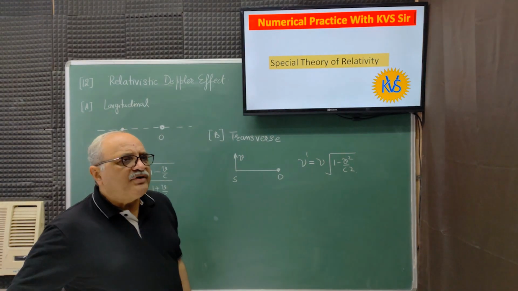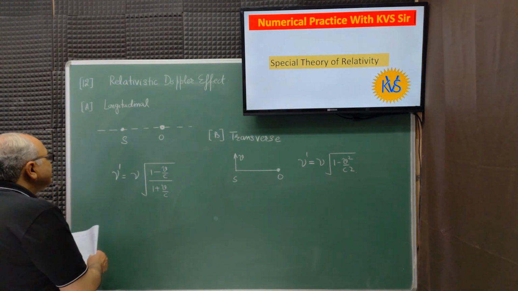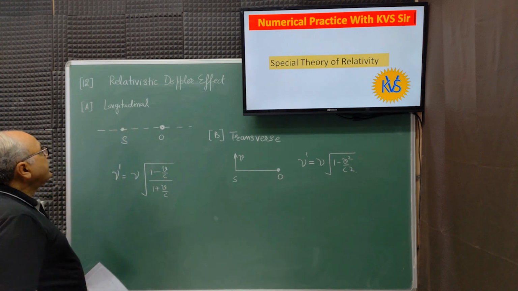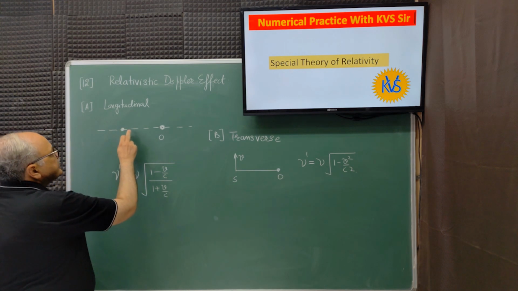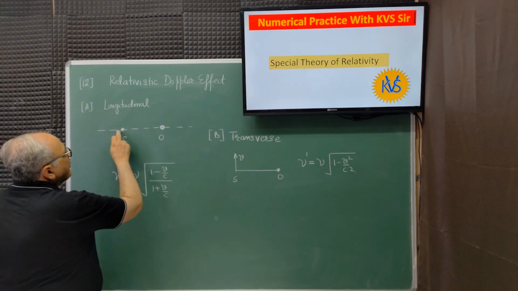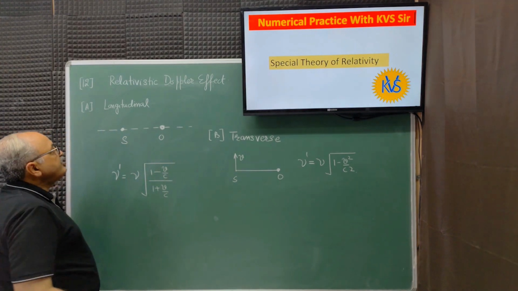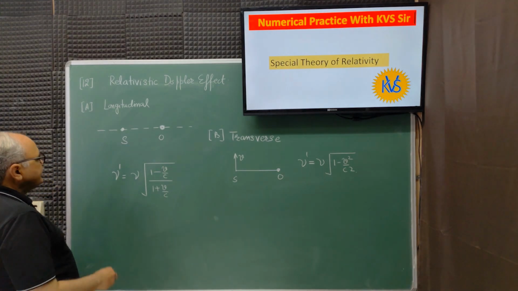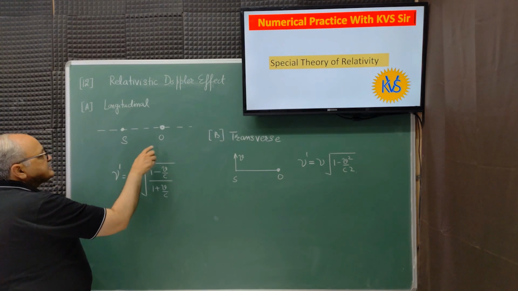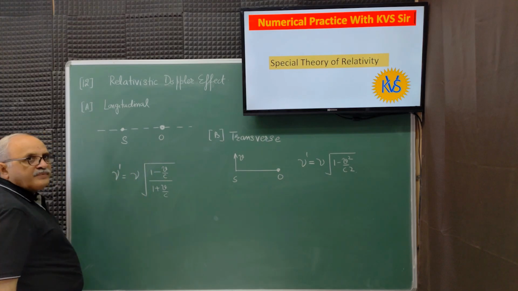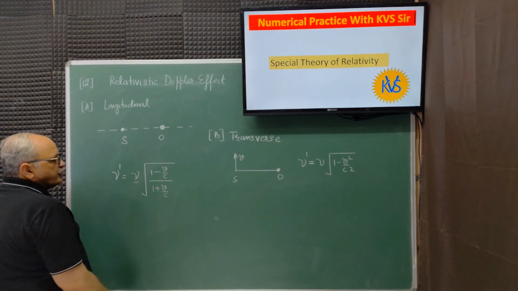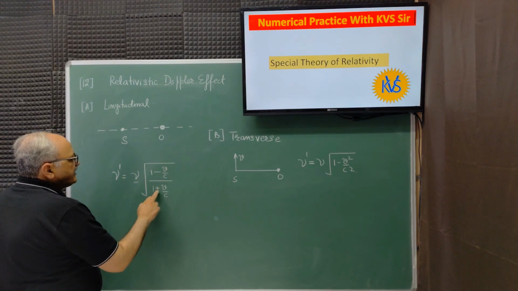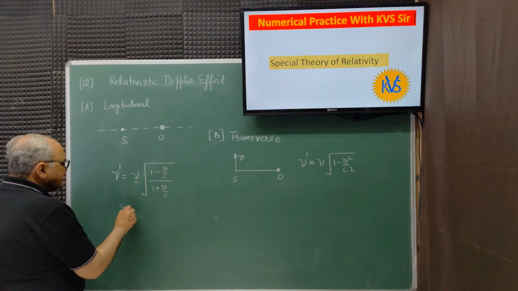There are two types of Doppler effects. One is called the longitudinal Doppler effect. When the source and observer are moving along the line joining them, we call it a longitudinal Doppler effect. The apparent frequency observed by the observer is the real frequency nu multiplied by the square root of (1 minus v by c) divided by (1 plus v by c), where v is the relative velocity.